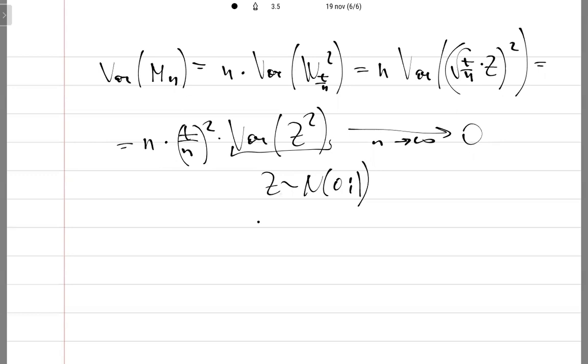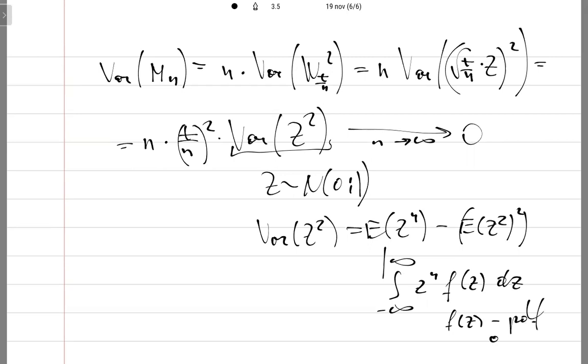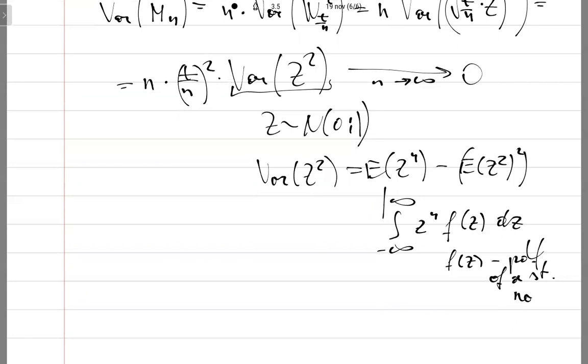So the variance of Z squared is the expected value of Z to the power 4 minus the expected value of Z squared. To calculate this, you need to take the integral of z to the power of 4 times f of z dz, where f is the PDF of a standard normal. So you may just integrate. I will provide you another way, but a little bit later.